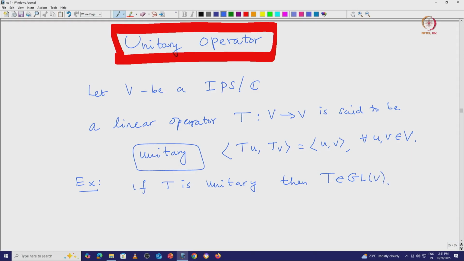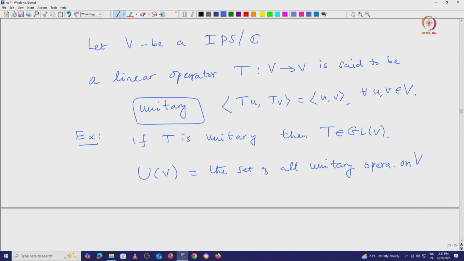So, we can collect all the unitary operators and call it U(V), the set of all unitary operators on capital V, and one can easily check that it is indeed a subgroup of GL(V).